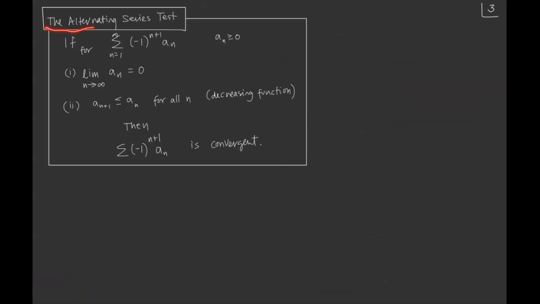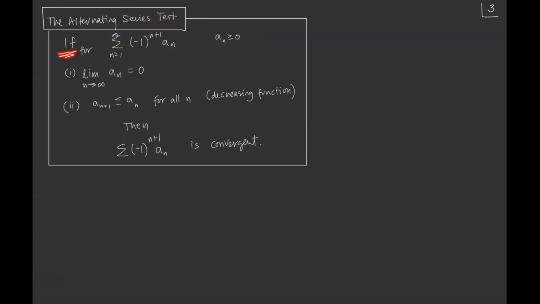Okay, this is the alternating series test for convergence. If we have an alternating series here, and we've got this (-1) to the n plus 1 power, that's creating the alternating sequence of plus, minus, plus, minus, and then we have a term a sub n, and this a sub n is going to be positive or 0.